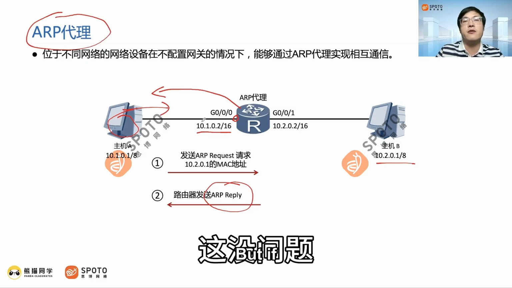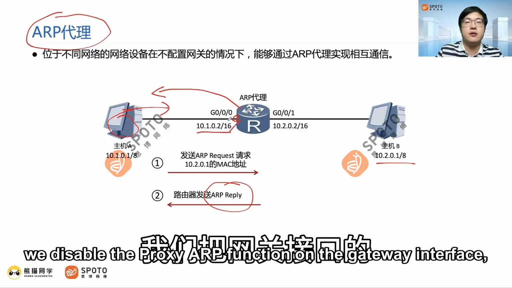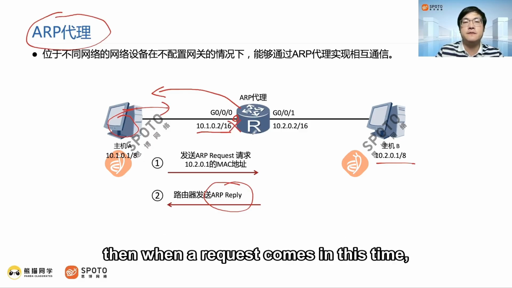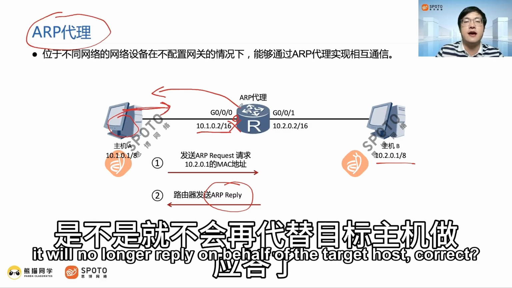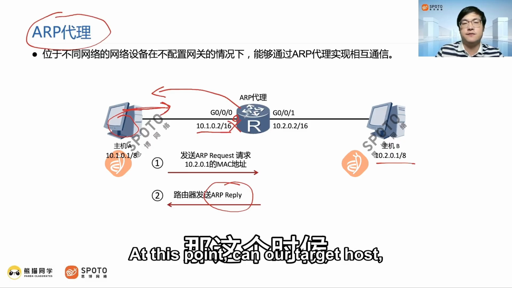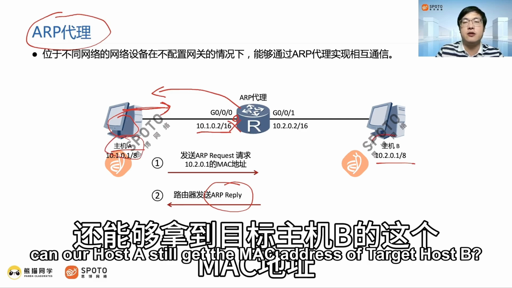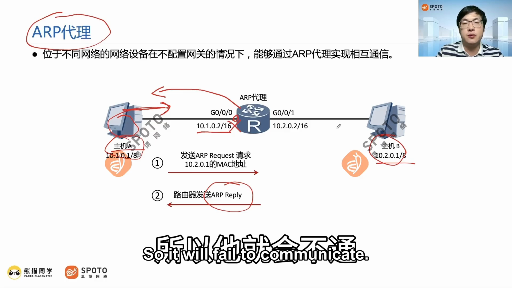But if we disable the proxy ARP function on the gateway interface, then when a request comes in, it will no longer reply on behalf of the target host. At this point, can our host still get the MAC address of target host B? It cannot get it at this time, so it will fail to communicate.